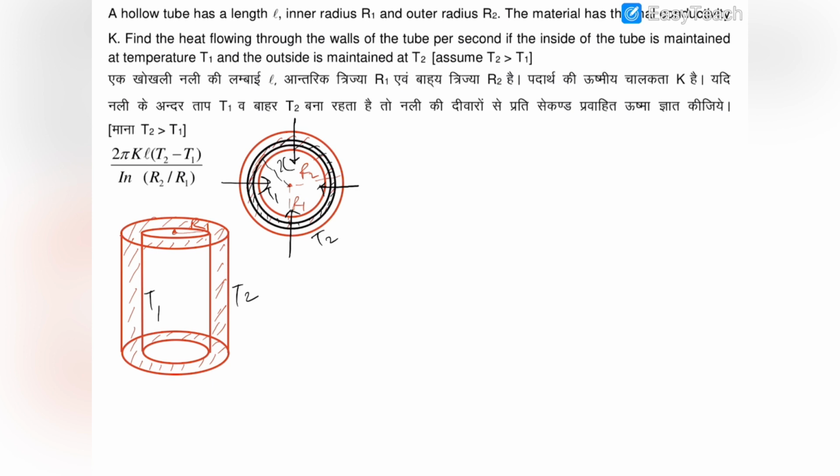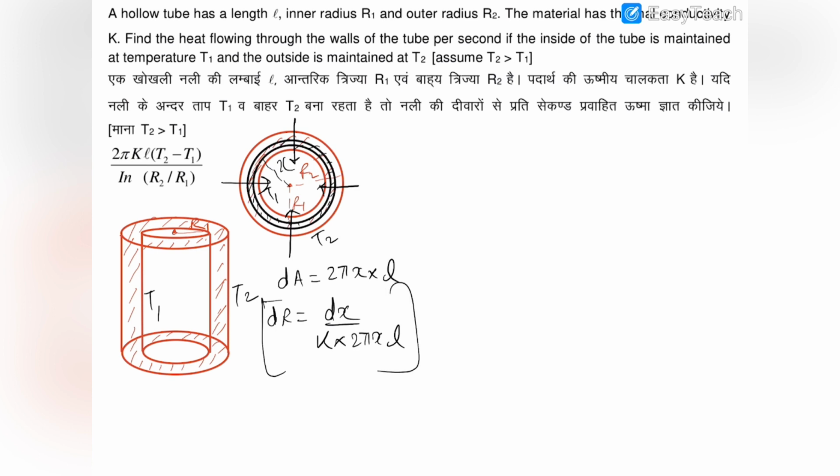So for integration, let us suppose that there is a thin cylinder of thickness dx and radius x. So the area of cross section of this thin cylinder will be 2 pi x into L, because the length of this thin cylinder would be equal to this L. And its width is dx, therefore its resistance dR will be equal to dx upon k into A, which is 2 pi xl.